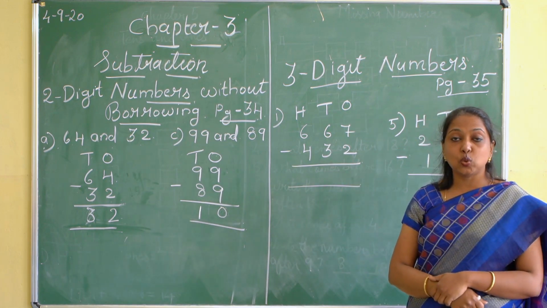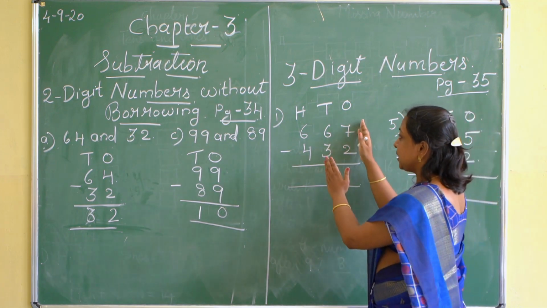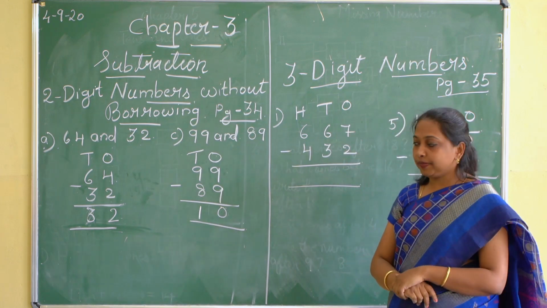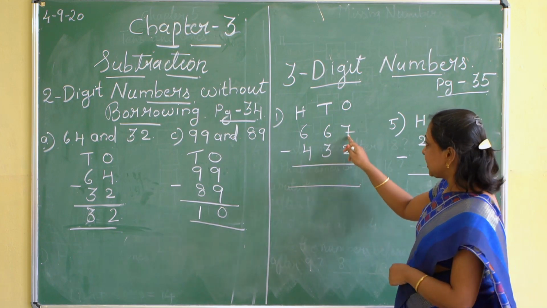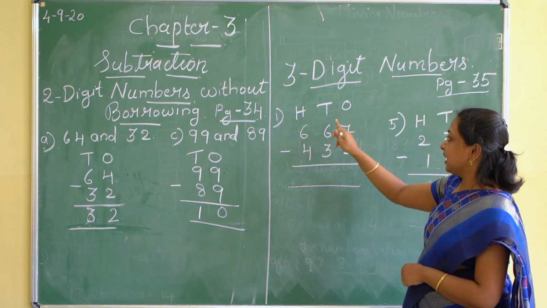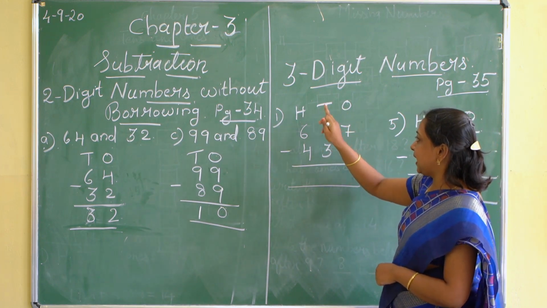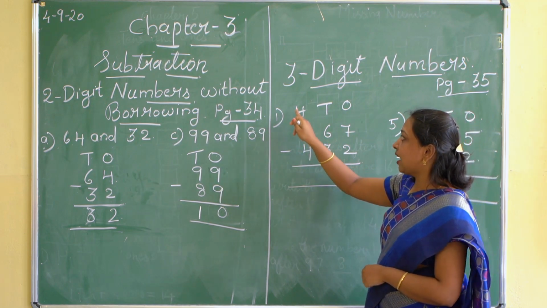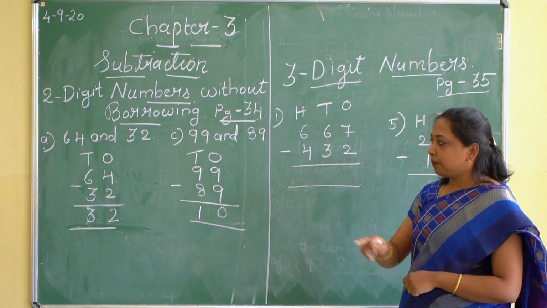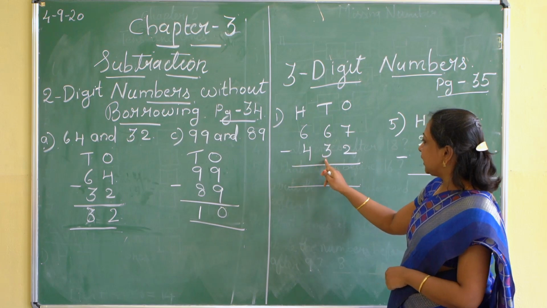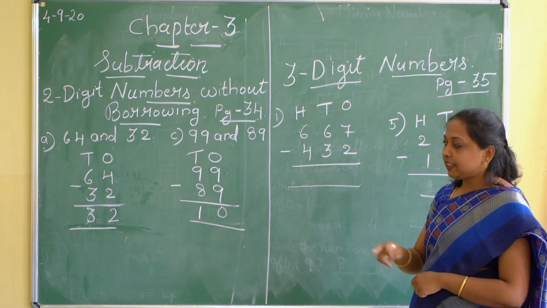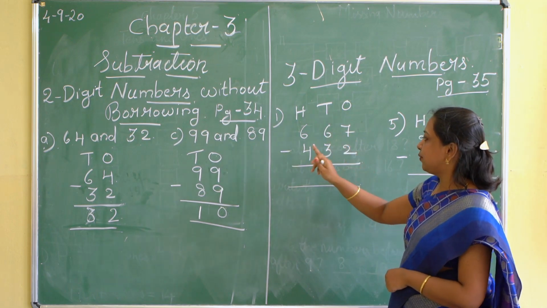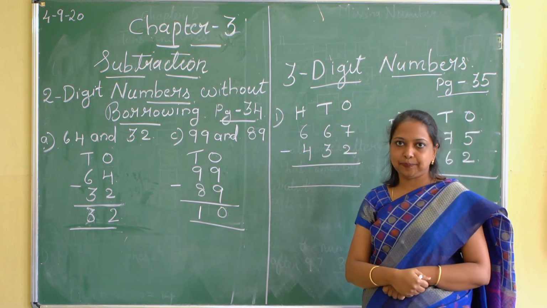First of all, arrange these numbers according to the place value. In 667, 7 is in 1's place, 6 is in 10's place, and this 6 is in 100's place. Minus 432, 2 is in 1's place, 3 is in 10's place, and 4 is in 100's place.